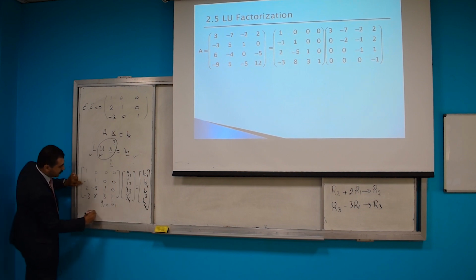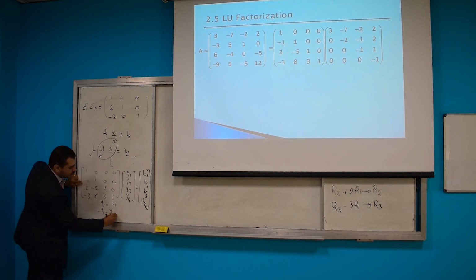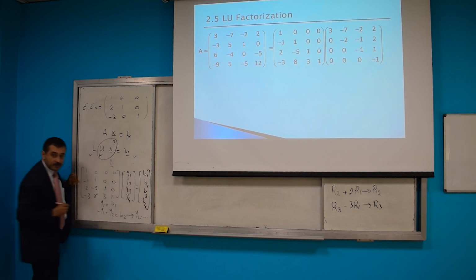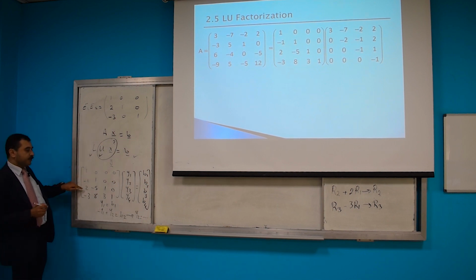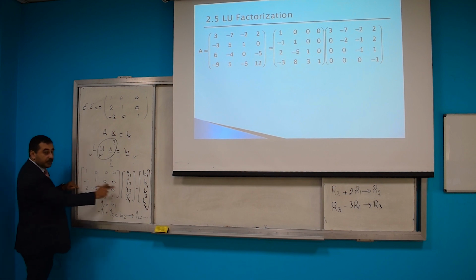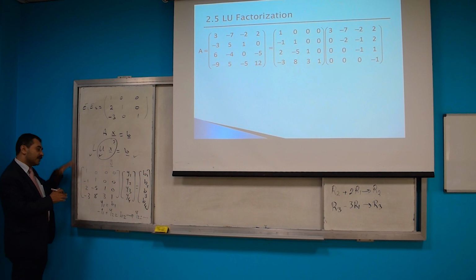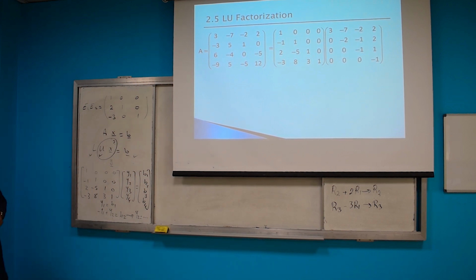The second equation, minus y1 plus y2 equals b2, so you get y2, right? And then go to the third equation, you get y3 and so on. So in this system you don't need any reduction. You can read the solution directly using forward substitution.